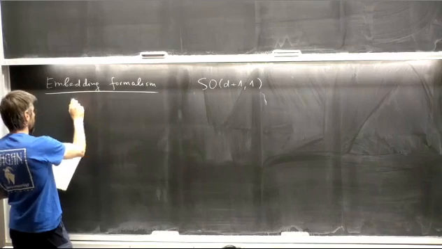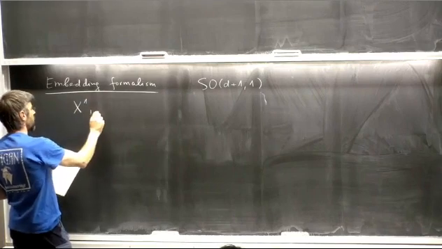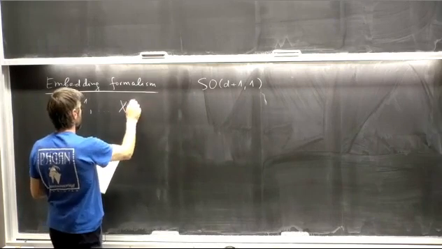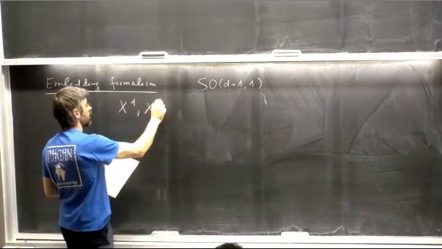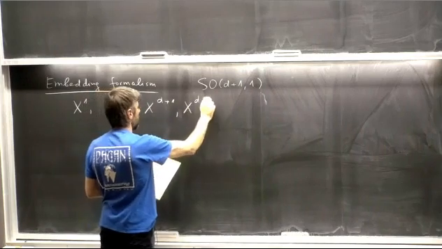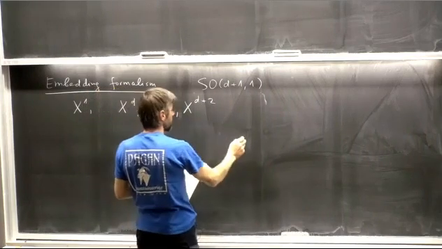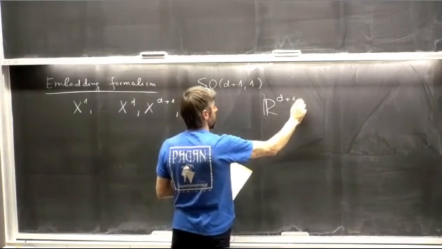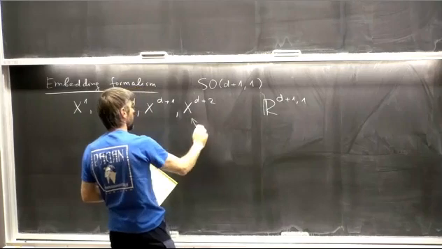Explicitly, we are going to introduce coordinates x1 through xd, and 2 more coordinates xd+1, xd+2. These are our coordinates in R^(d+1,1), and this is the time-like direction.